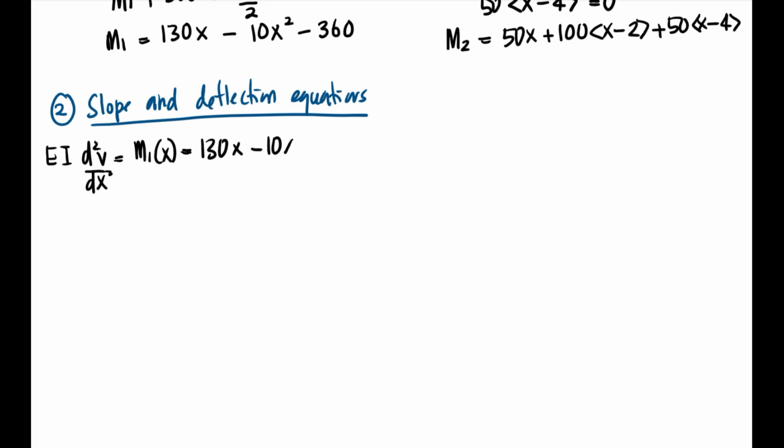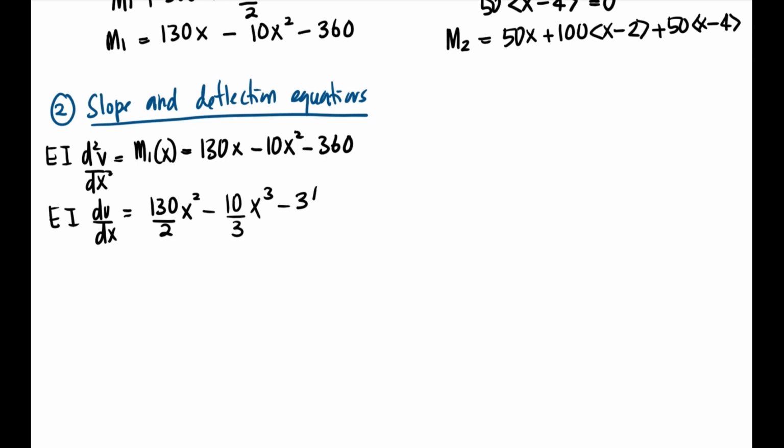130x minus 10x² minus 360. So integrate to find the slope: 130x² over 2 minus 10x³ over 3 minus 360x, plus C1.